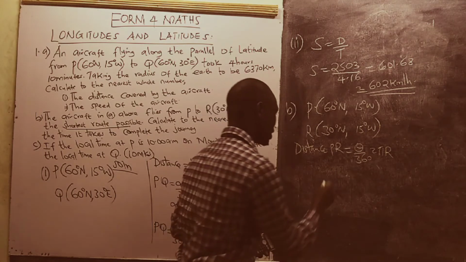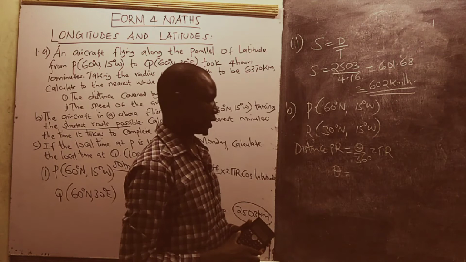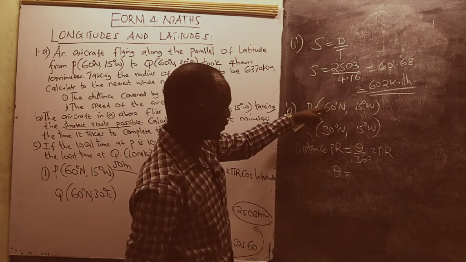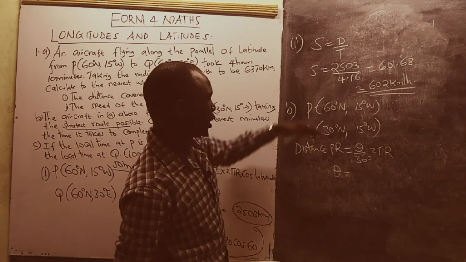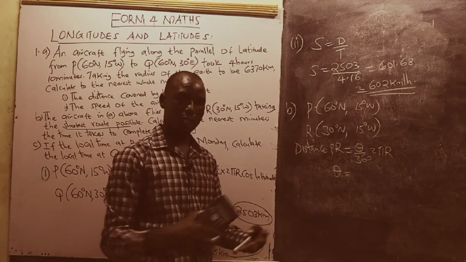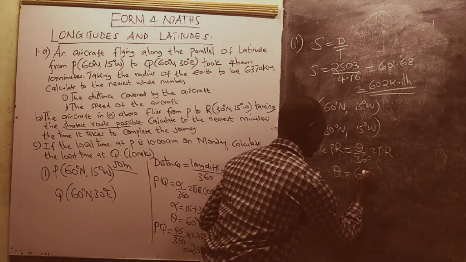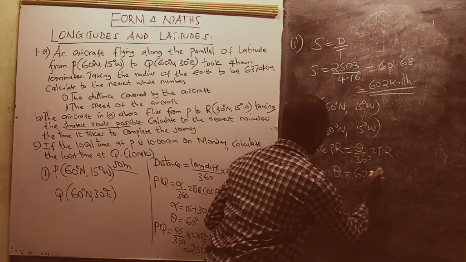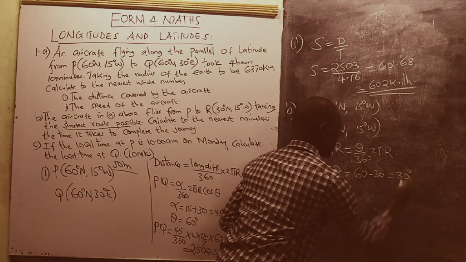In this case, our theta is going to be equal to the latitude difference. If they are both north or both south, we subtract. But if one is north and another is south, we add so that we can get the distance between them. In this case, our theta is going to be 60 minus 30, which gives us 30 degrees.